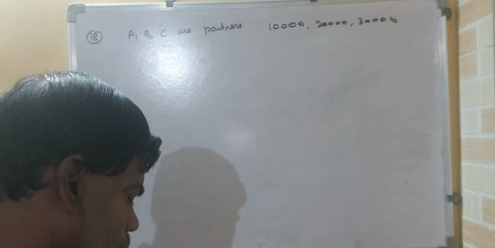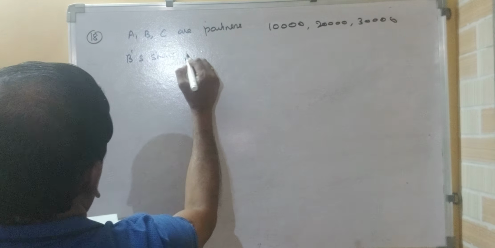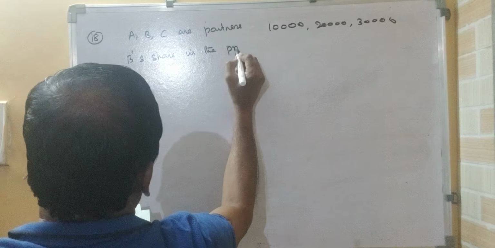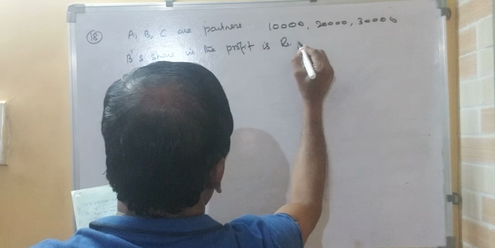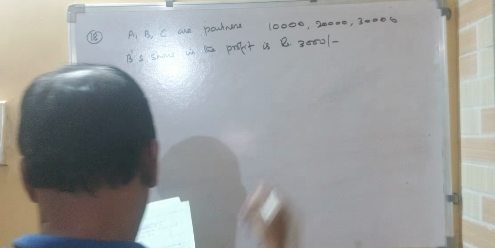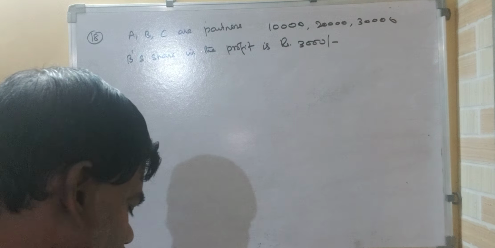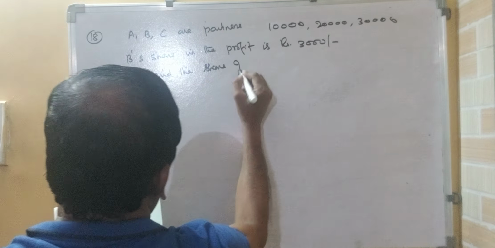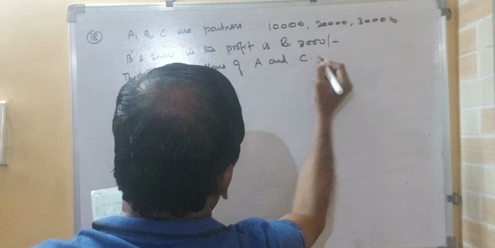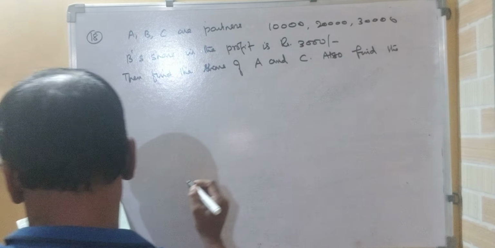And B got the profit. See, B's share in the profit is 3,000. Okay. Now, what is the share of A and C? Then find the share of A and C. Also find the total profit.